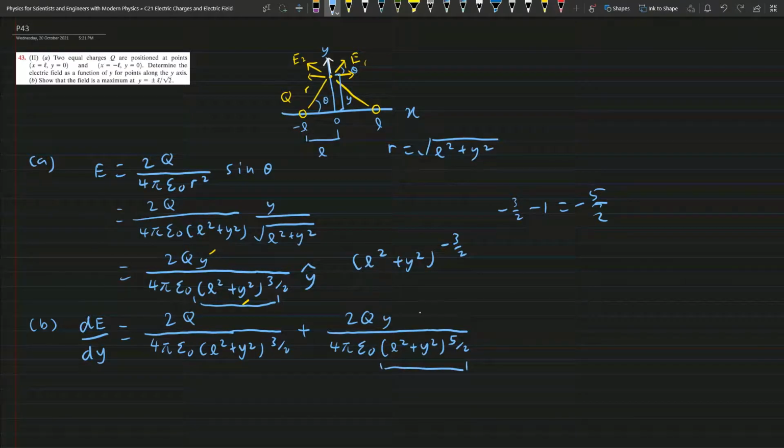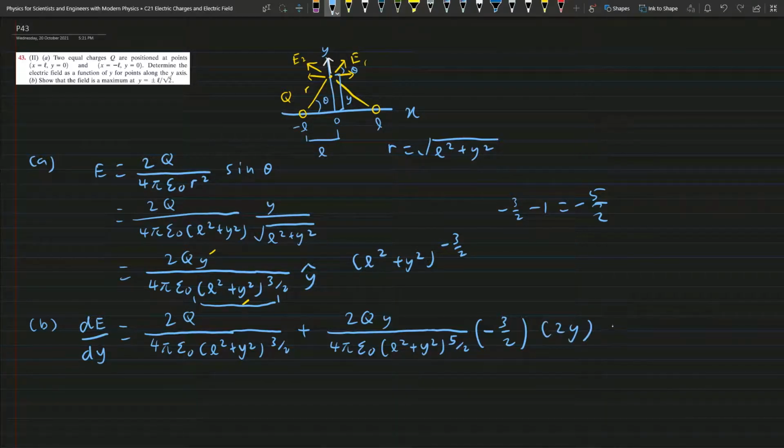And now for this thing, we remember to bring down the minus 3 over 2, and you can see this y squared is inside the bracket, so we have to differentiate again inside. This gives us 2y.